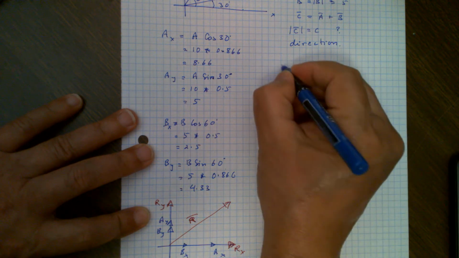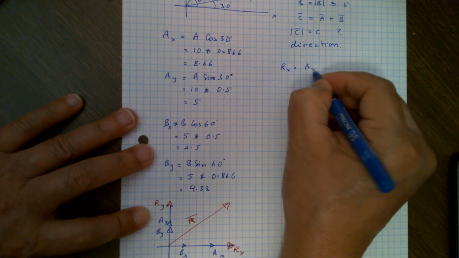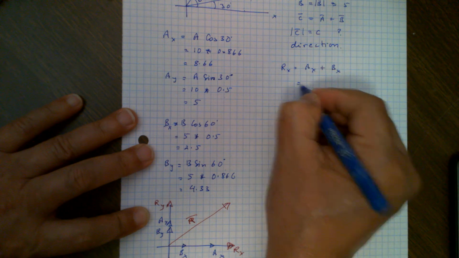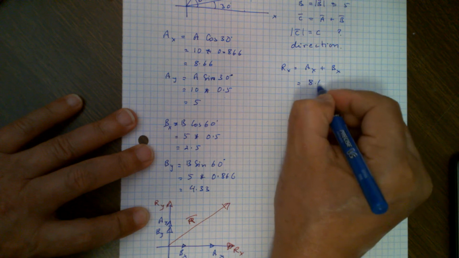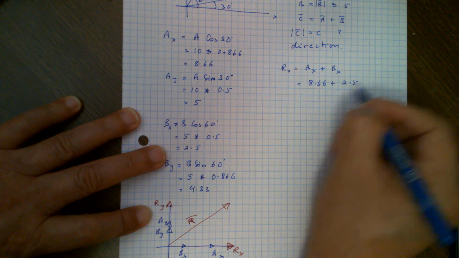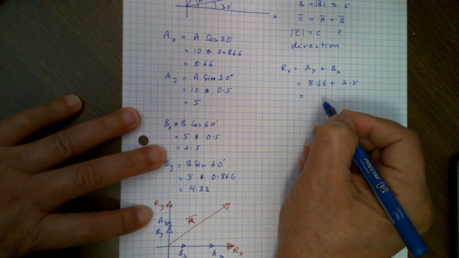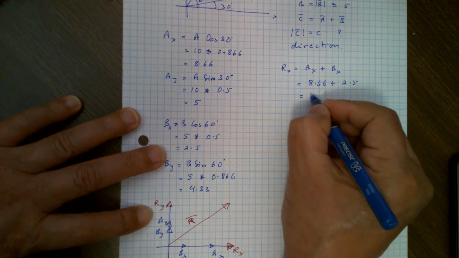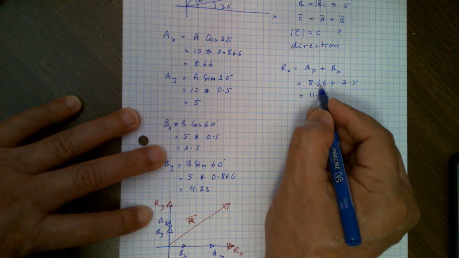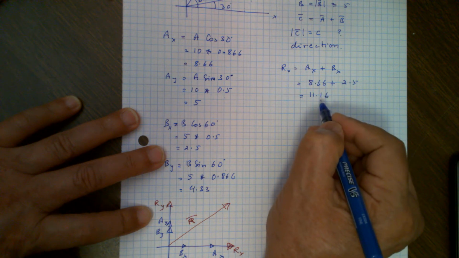So let me find Rx, which will be AX plus BX, because they are in the same direction, so I don't have to do anything fancy. That's why it's useful. AX is 8.66 and BX is 2.5. So AX and BX, you add them up and you get 11.16. 8 plus 2 is 10, and 6.6 plus .5 is 1.16.